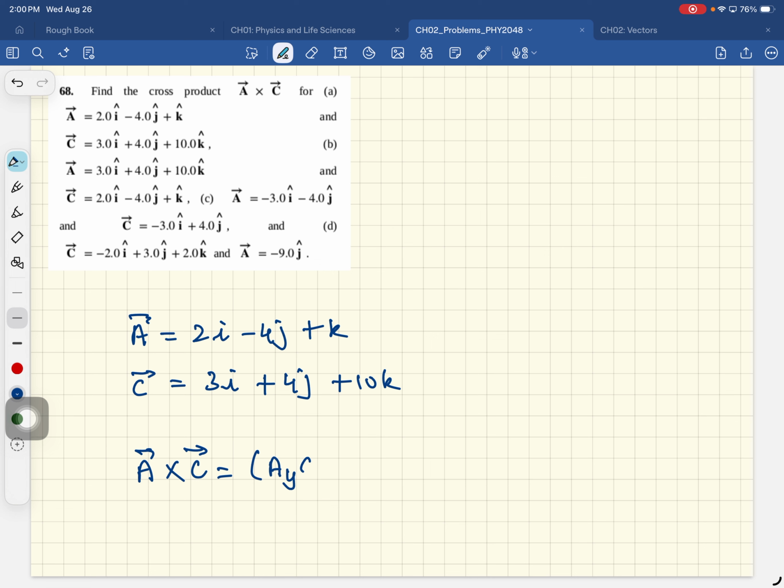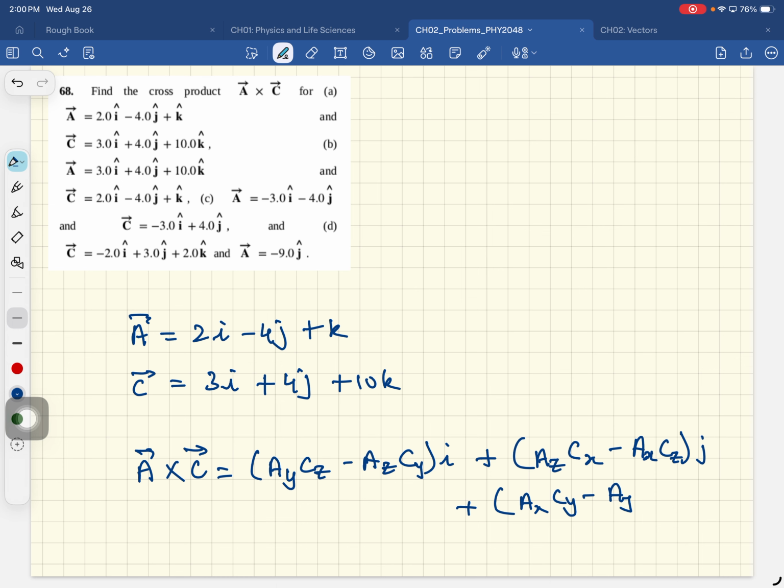So the answer should be negative of this vector. That's the point of that problem. You guys understand? You saw that A cross B is negative of B cross A, and that's what they're trying to illustrate. So let's do that cross product, and we should get the negative of this answer.